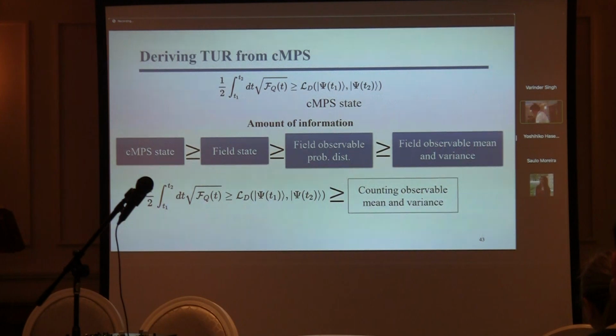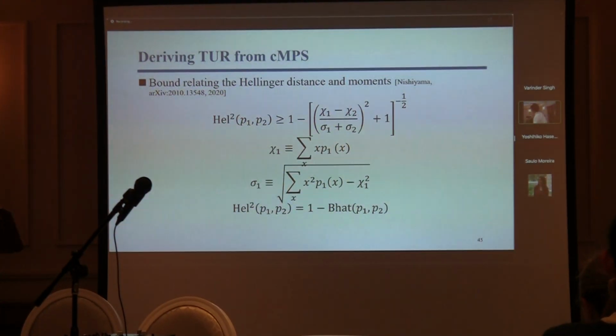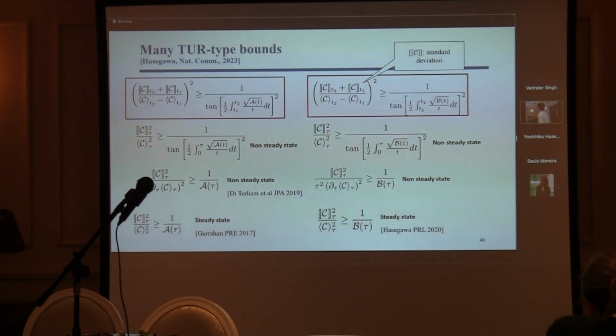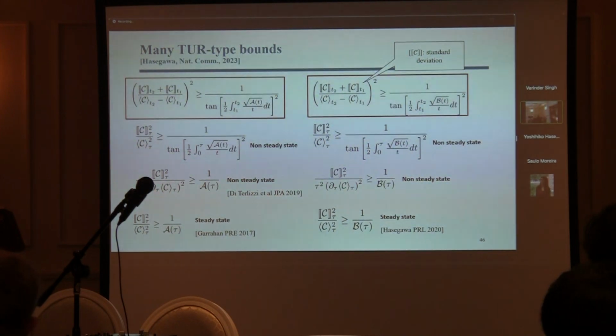So I'll skip the details, but use some inequality. By using the monotonicity relationship, we arrive at this TUR-like inequality. The left column corresponds to the classical case, and the right column corresponds to the quantum case. The top inequality is derived from applying the monotonicity inequality.